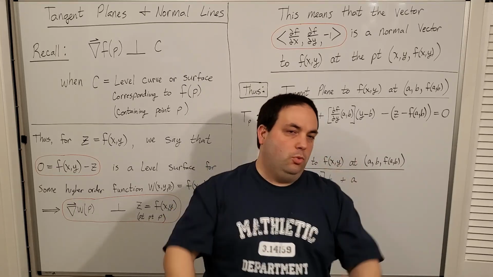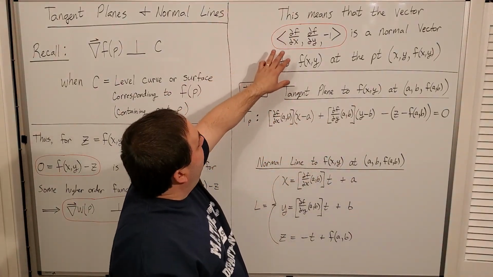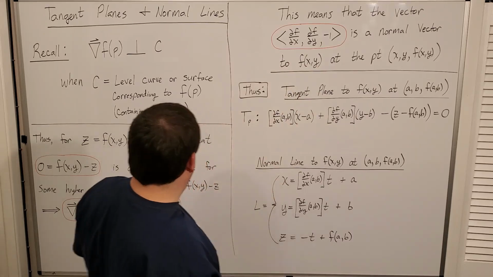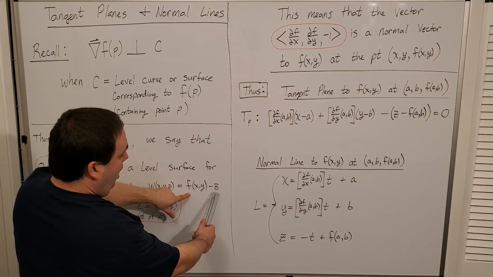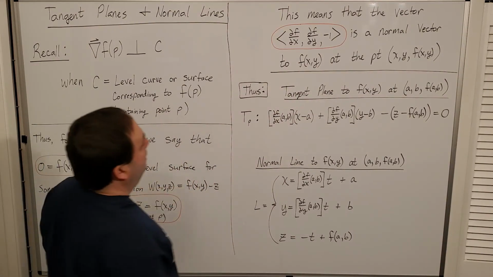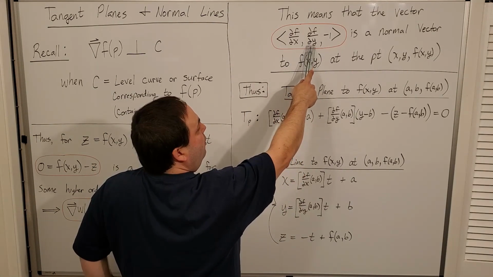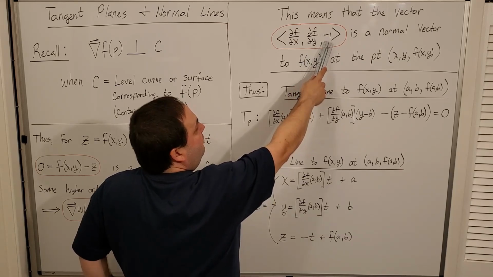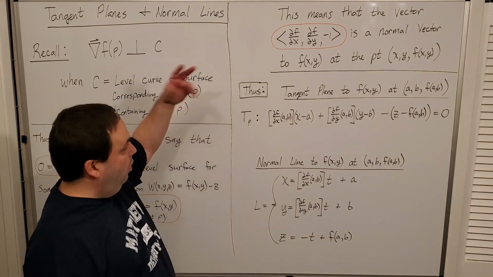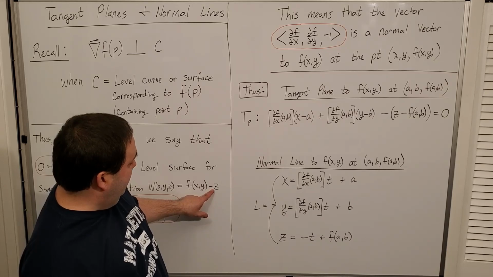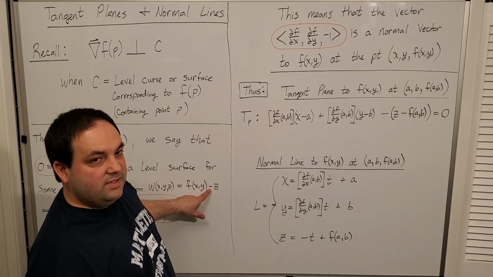So the result from that is, if I take the gradient of W, remember W is just f of x,y minus z. So the gradient is just the partial of f with respect to x, the partial of f with respect to y, and then the partial of the whole thing with respect to z is just the derivative of the negative z portion.